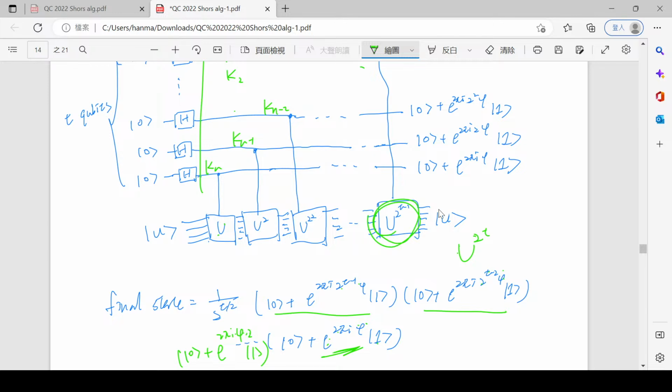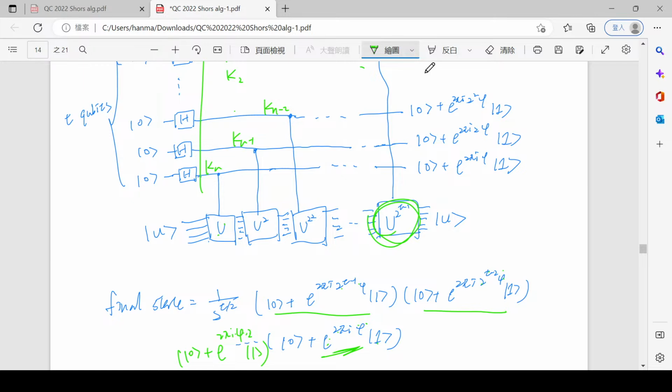So what will happen is we will actually have an efficient way to do all those U to some power of 2. Just for Shor's algorithm. So that's very lucky.